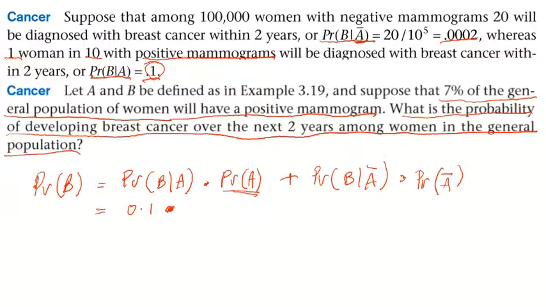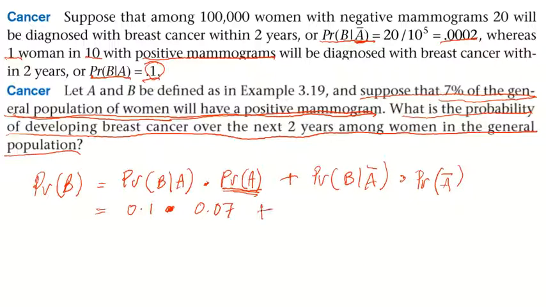Is it given in our problem? If you read again the second paragraph, it is. It says here, suppose that 7% of the general population of women will have a positive mammogram. So therefore, this probability of having a positive mammogram is 7% or 0.07.